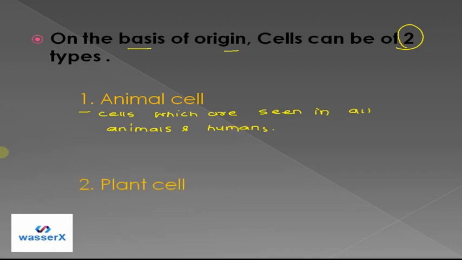And next are plant cells. All those cells which are seen in plants, right? Now let's see the basic difference between animal cell and plant cell.